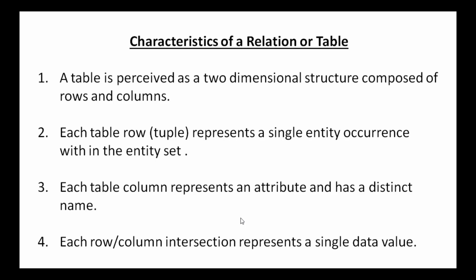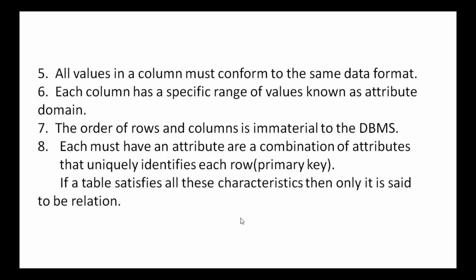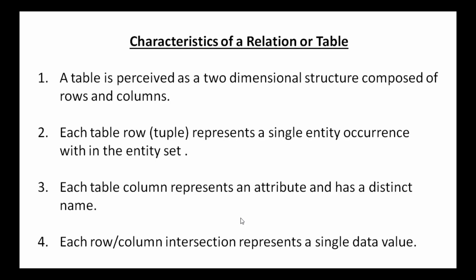Already we know this terminology in the ER model. Each table column represents an attribute and has a distinct name. Every column has a distinct name. Each row and column intersection represents a single data value only.